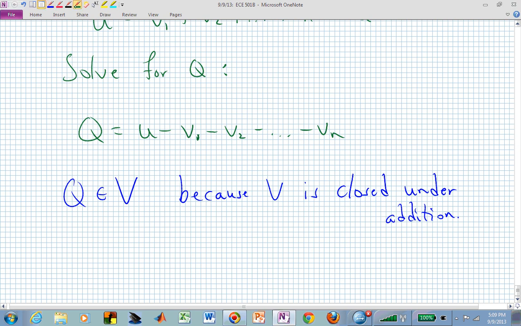Now we can use that Q to build up our set. Now we're constructing, we're growing this linearly independent set of vectors. So we add Q, maybe I should say to the list B.